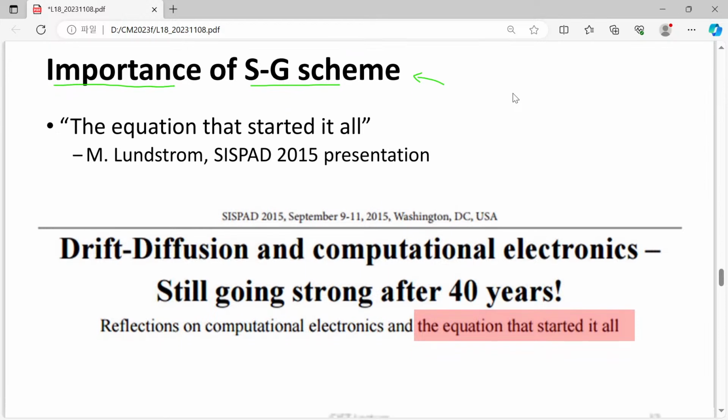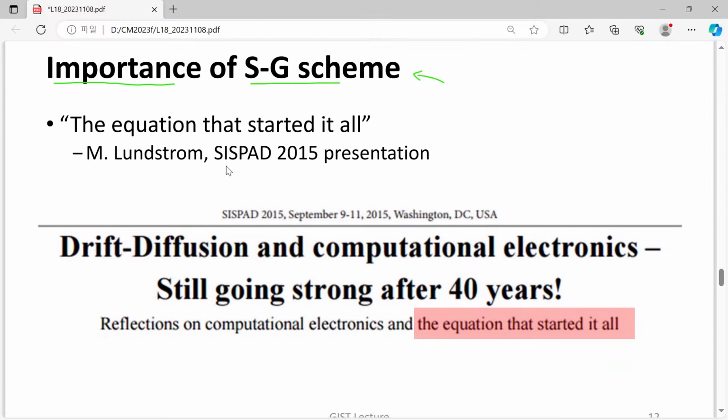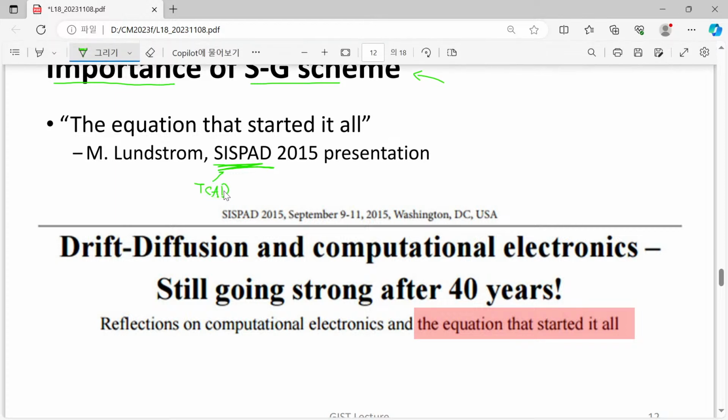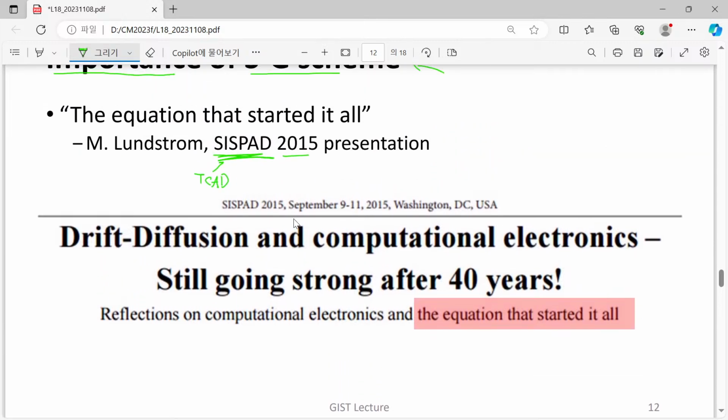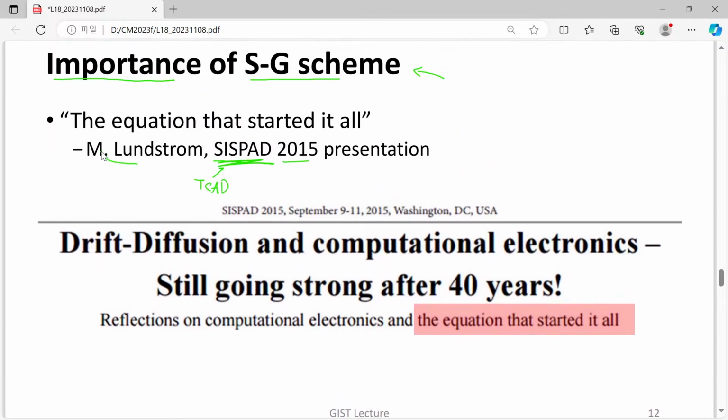So here we have a certain presentation. This is a special conference devoted to TCAD simulation, computational microelectronics, and previously there was a plenary talk by Professor Mark Lundstrom.